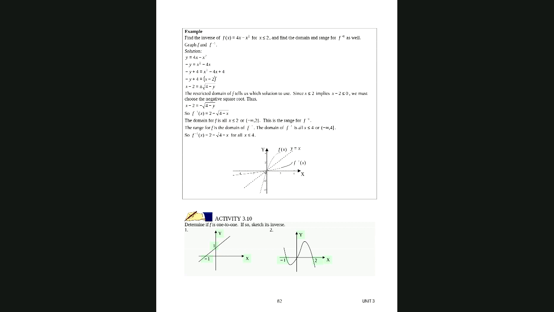It says 4x minus x squared. Okay, now let's see. So we have f of x equals 4x minus x squared.